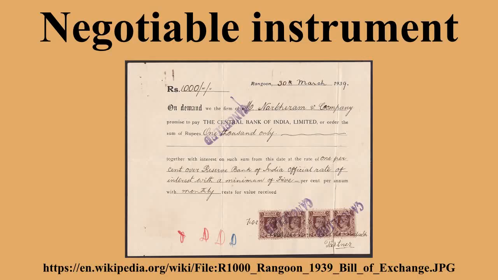If a note or draft is negotiated to a person who acquires the instrument in good faith, for value, without notice of any defenses to payment, the transferee is a holder in due course and can enforce the instrument without being subject to defenses which the maker of the instrument would be able to assert against the original payee, except for certain real defenses.